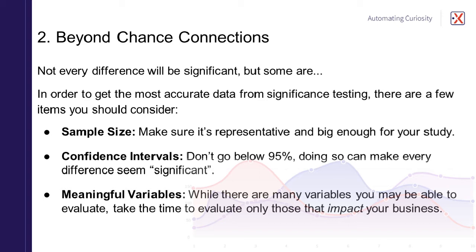Beyond that, look for meaningful variables, especially if you end up finding that nothing is significantly different or everything looks significantly different. Significant differences is one of the best and worst things that ever happened in statistics.